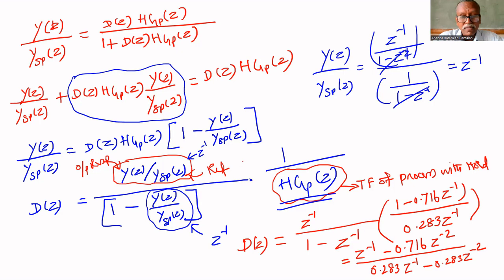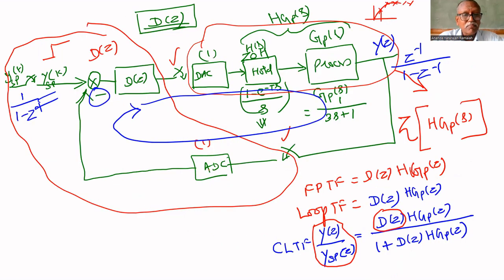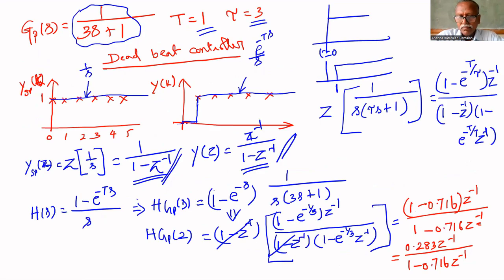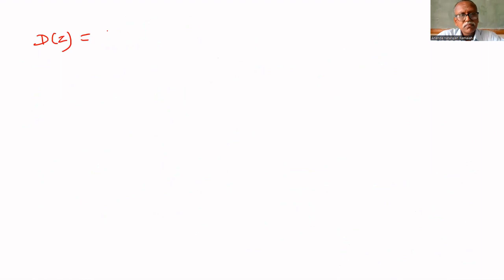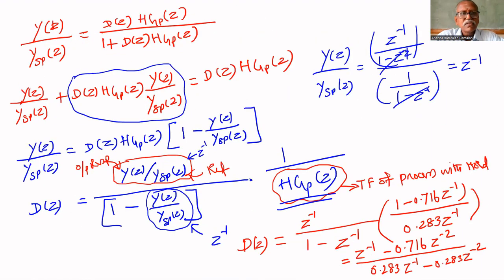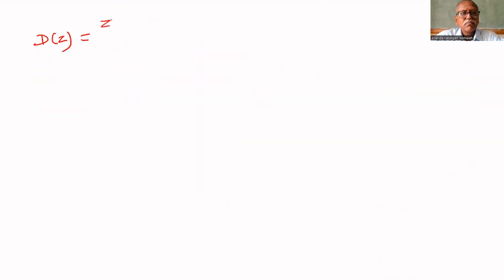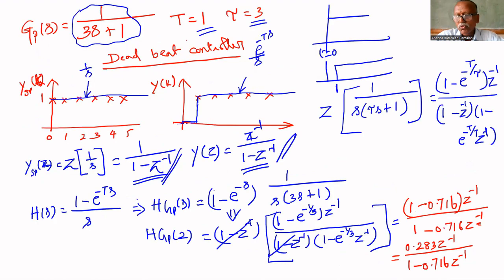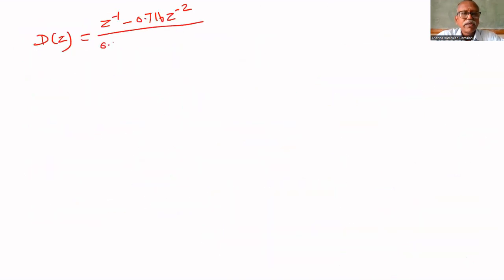So if you multiply the numerator and denominator by z, what you will get is D of z equal to z power minus 1 minus 0.716 z power minus 2 upon 0.283 z power minus 1 minus 0.283 z power minus 2.